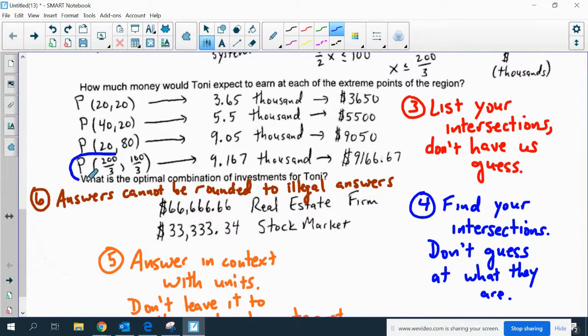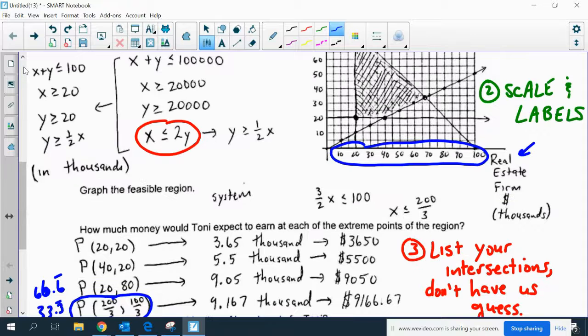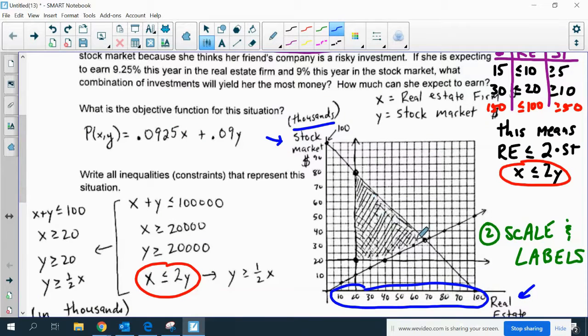Notice that this intersection is at 200 thirds, 100 thirds, or if you wrote it in decimal format, it would be 66.6 repeating and 33.3 repeating. What a lot of people were doing was they would take an answer like this, or the equivalent answer for their incorrectly graphed line up here with y equals 2x.